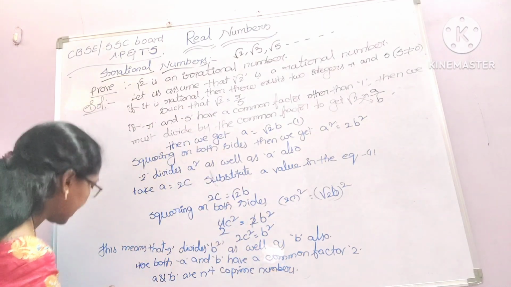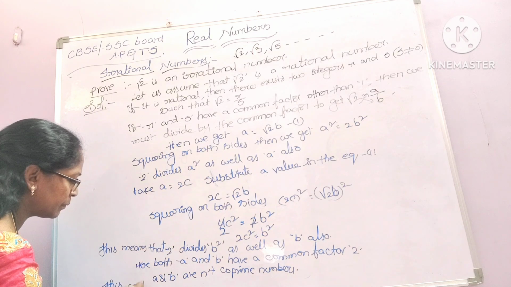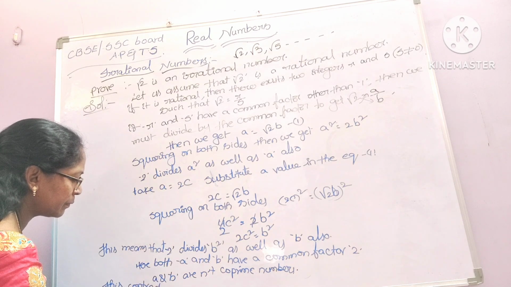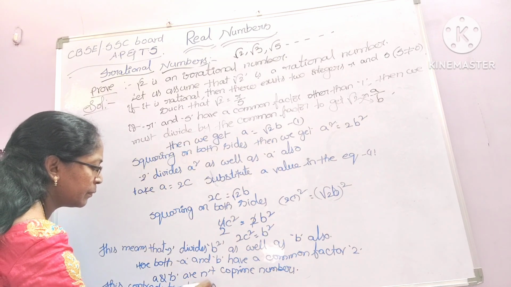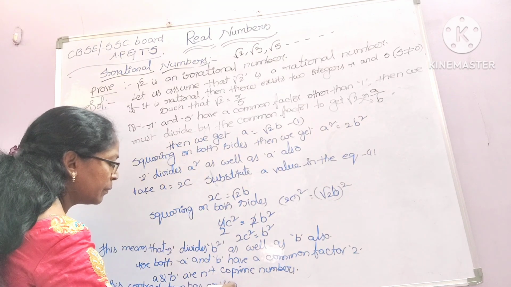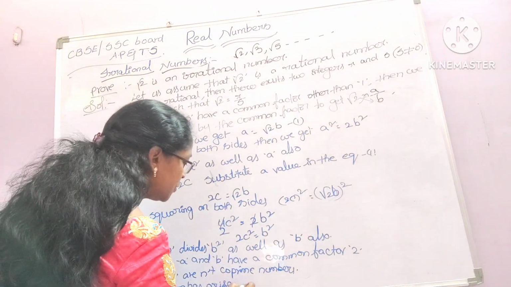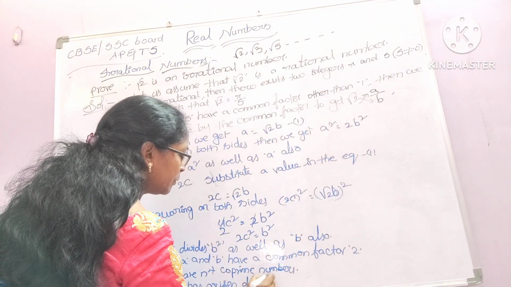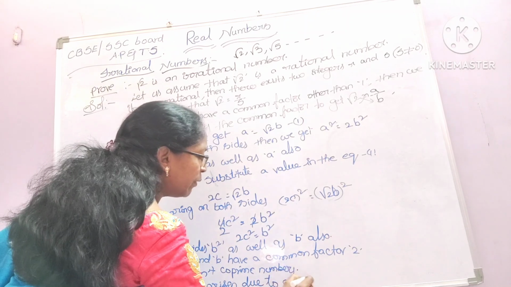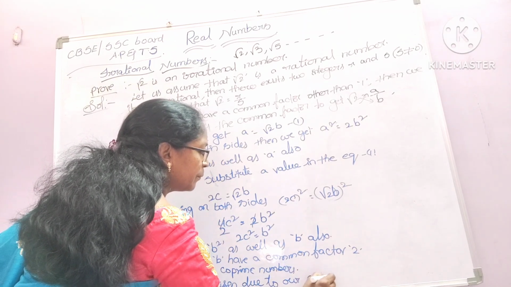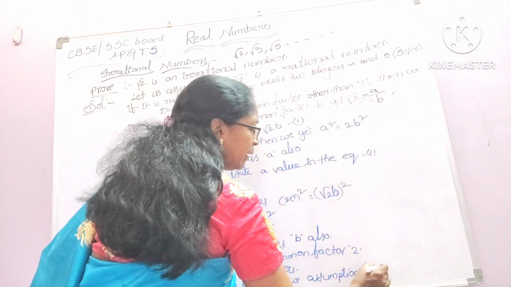This contradiction has arisen due to our assumption that root 2 is rational.